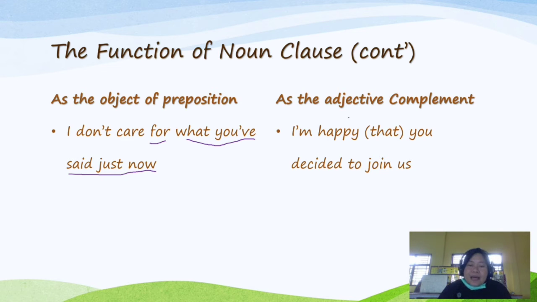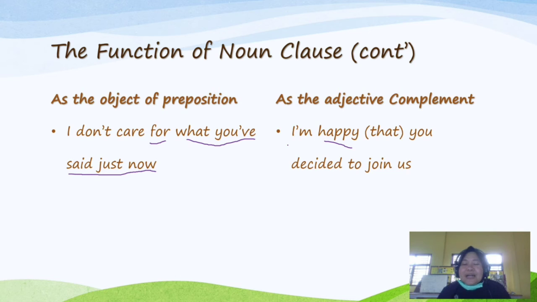Okay, and then we also have a function of noun clause as the adjective here. The adjective is happy. Actually, if I just say I'm happy, oh everyone, I'm so happy.